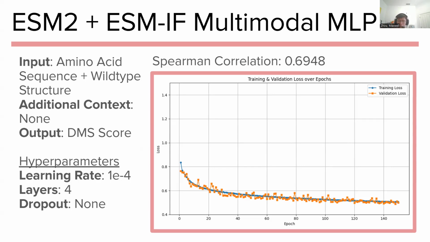We did this by concatenating the embeddings of the ESM-if to the ESM2 embeddings, pretty simply. This was slightly higher in terms of accuracy, but not by much. We were scared that adding this additional information would hurt the model, as it would have to learn on more complex data. However, it did not, which is promising.